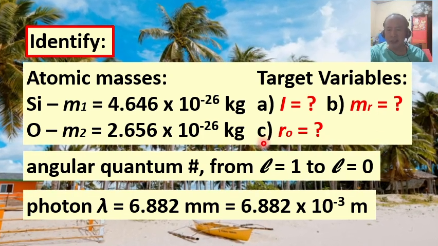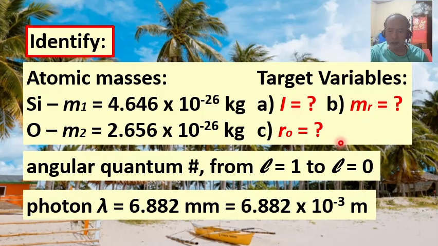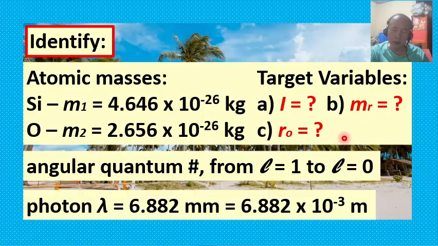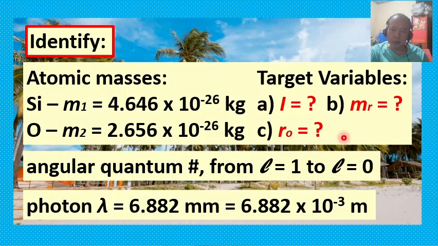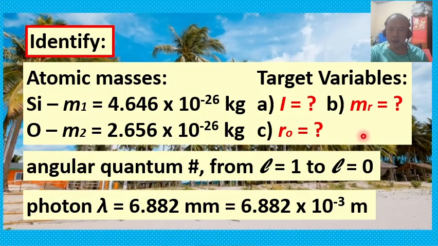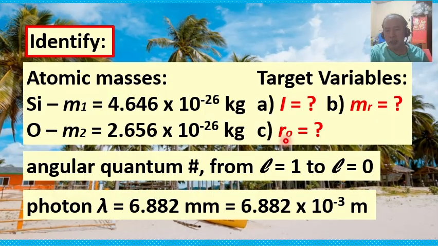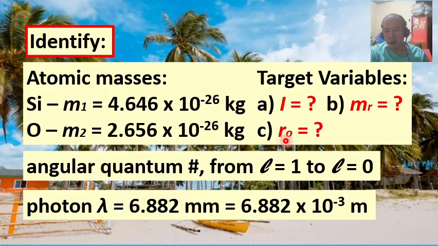And lastly, in part C, the distance between the silicon and oxygen nuclei, which we denote as R sub naught.